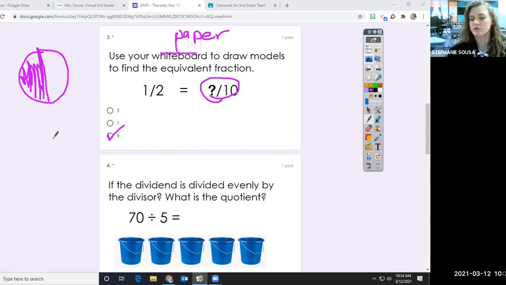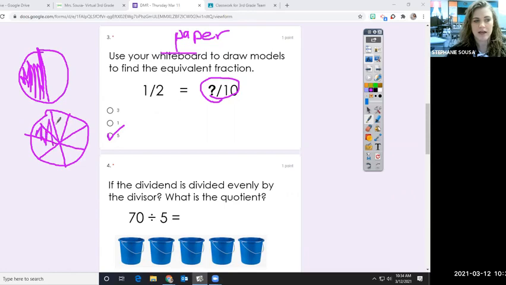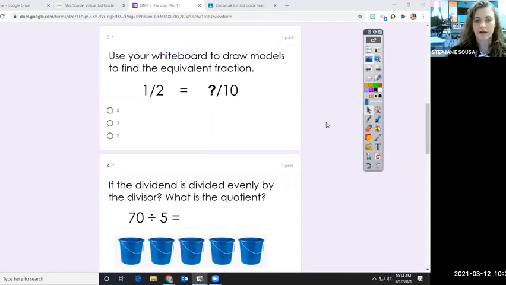So 5/10 is equivalent to 1/2. If I needed to, I could also draw fifths and then divide each fifth in half. And then I could shade, and I would see that I shaded 5 of them.